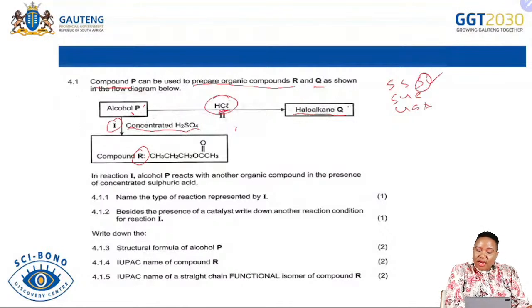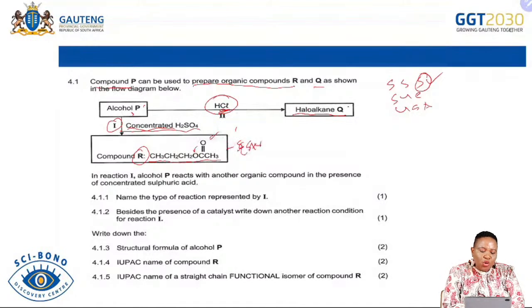Now, we don't know the name of the haloalkane. We also don't know the name of the alcohol. We also don't know the number of carbons that are in each. However, when you look at reaction 1, the alcohol will react in the presence of concentrated sulfuric acid to form compound R. But we are given the formula of compound R. And when you look at compound R, you can see there are 2 oxygens, as I said. So this is our ester.